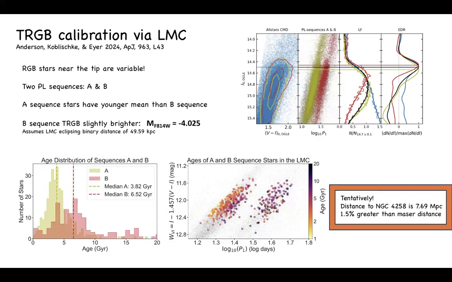And that gives us a distance right away to 4258, which is within 1.5% of the maser distance. So all of this is to say that there's a lot of different ways we're working on to get all of this jigsaw puzzle put together here. And it is still a work in progress.